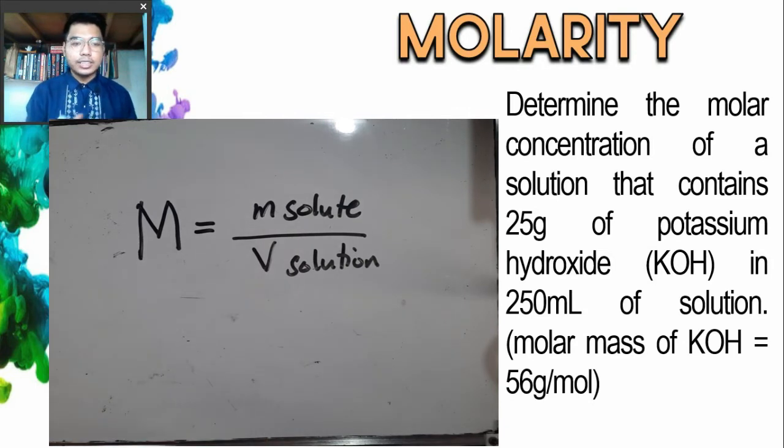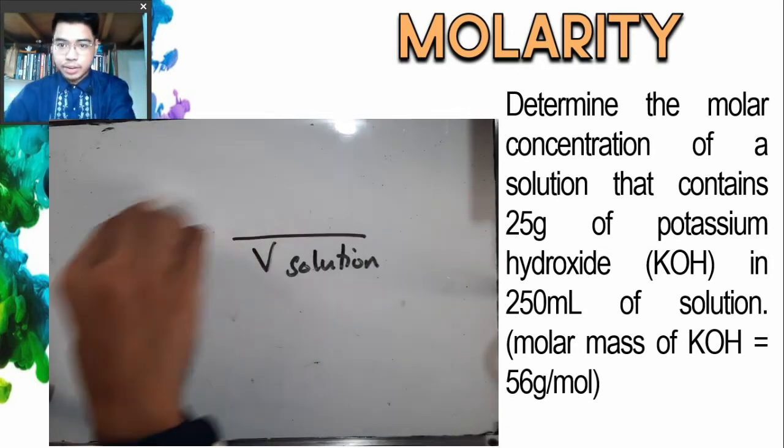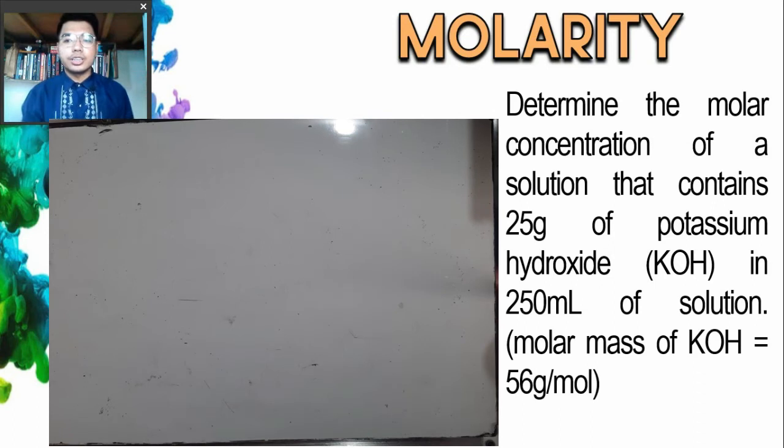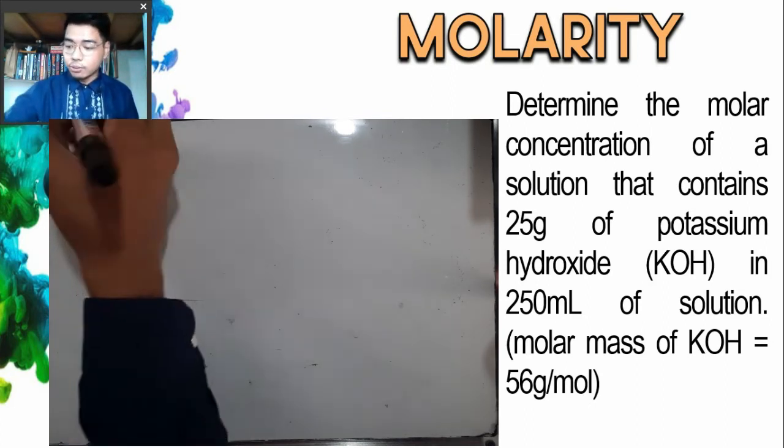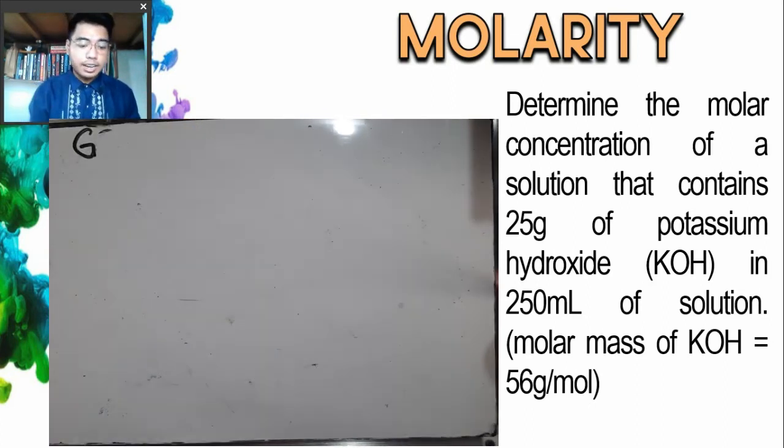Okay, so now let's simply consider the problem that is present here. Determine the molar concentration of a solution that contains 25 grams of potassium hydroxide in 250 milliliters of solution, if the molar mass of potassium hydroxide is equivalent to 56 grams per mole. Okay, so now when it comes to molarity, once again, we're going to utilize the GRESA method.